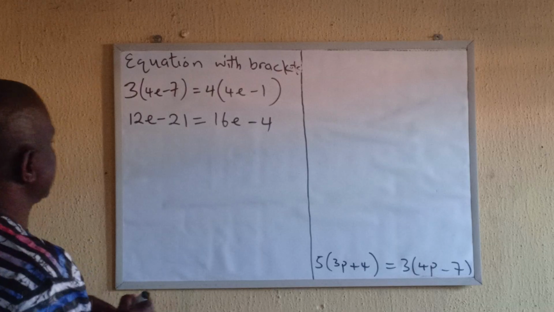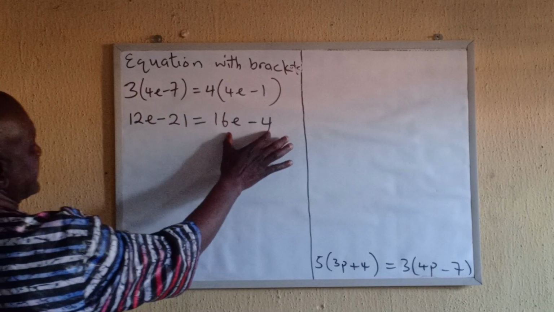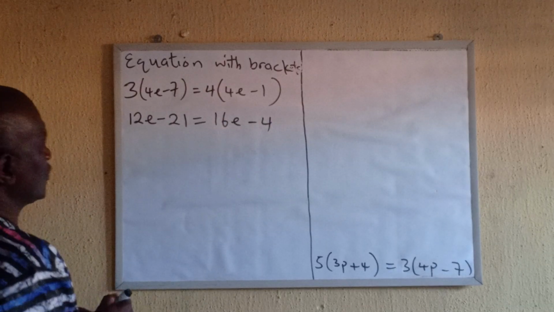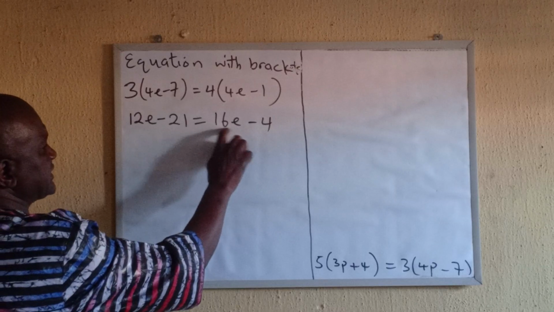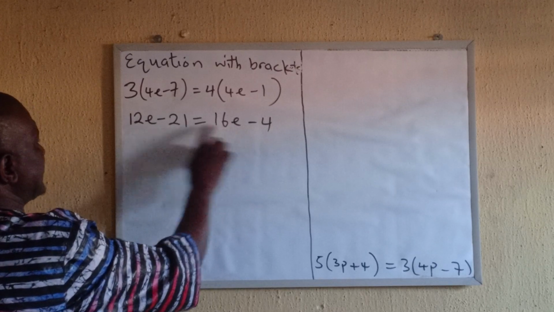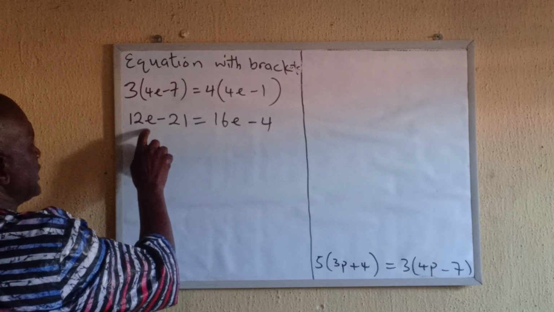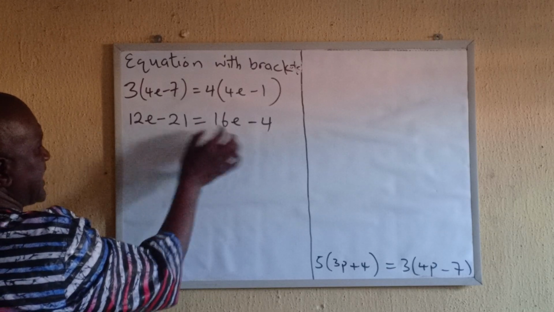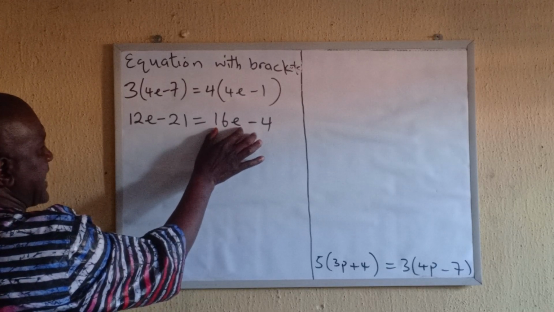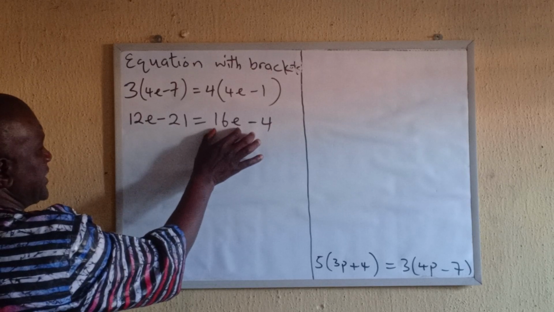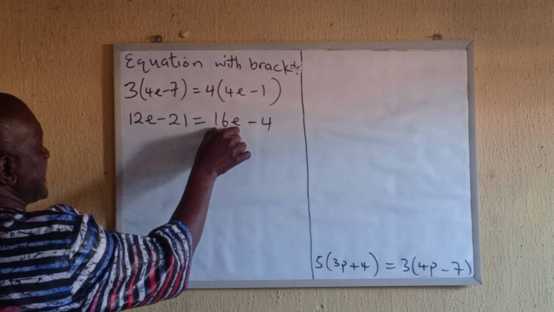So if you look at it, this is our left hand side and this is our right hand side, and both sides are equal. We have a plus 16e on the right hand side and we have a plus 12e on the left hand side. That means this 16e will leave the right hand side to the left.